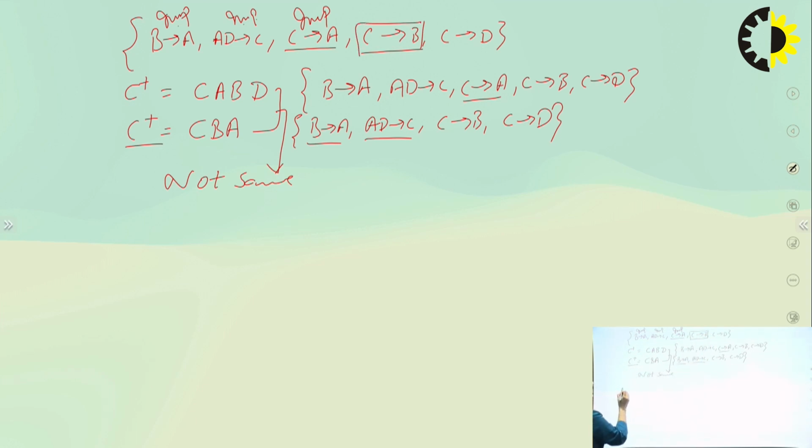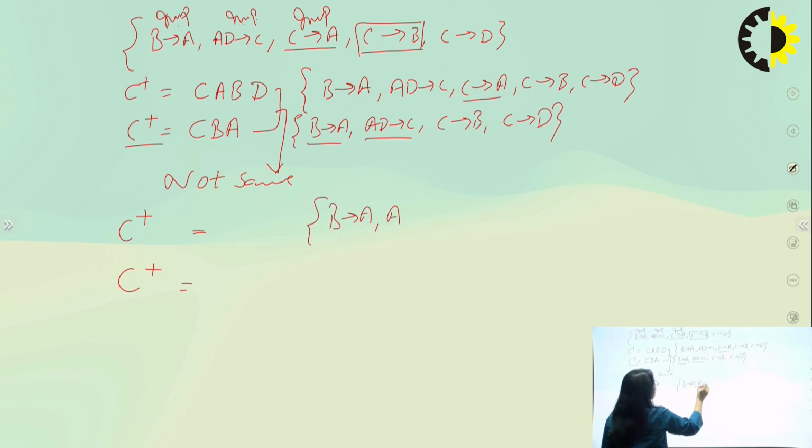To check for this functional dependency, we will again calculate the closure of C with the set of B tends to A, AD tends to C, and C tends to A. We are checking this one, right?